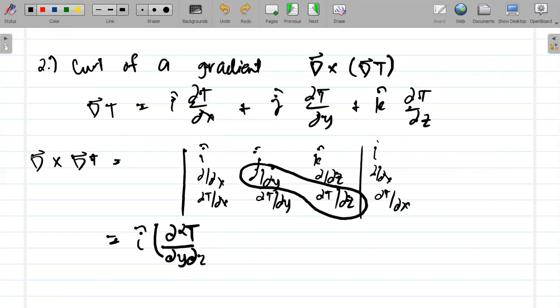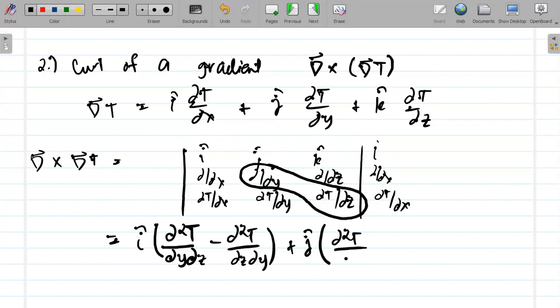So, minus partial squared T over partial z partial y, plus j hat. Ito ay partial squared T over partial z partial x, minus partial squared T over partial x partial z.